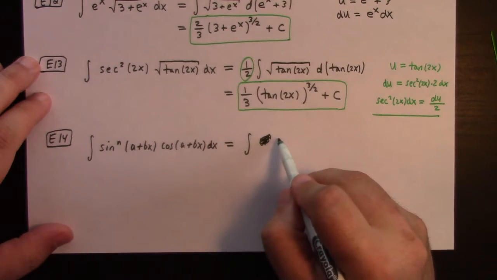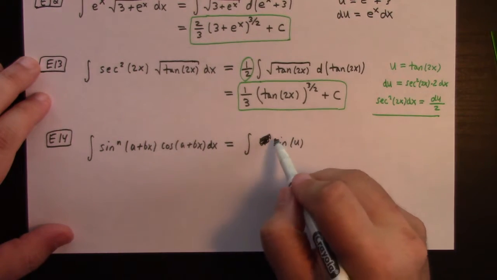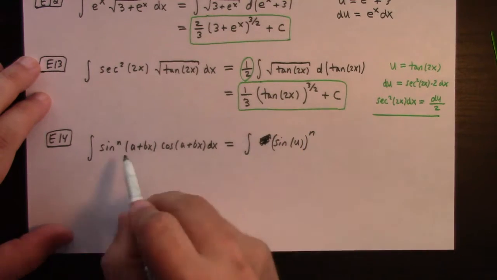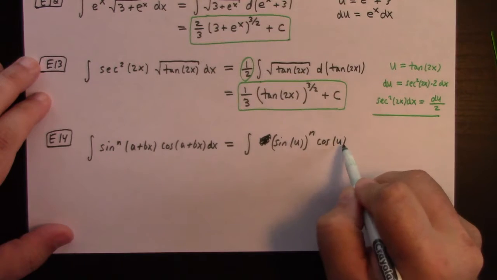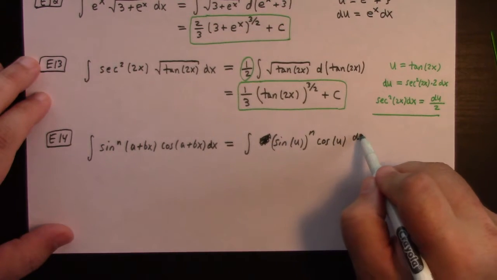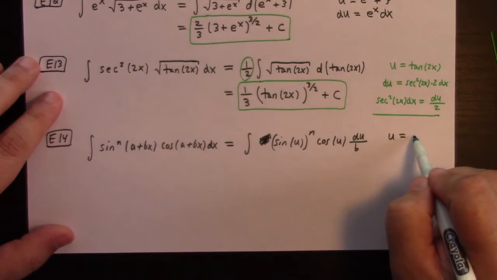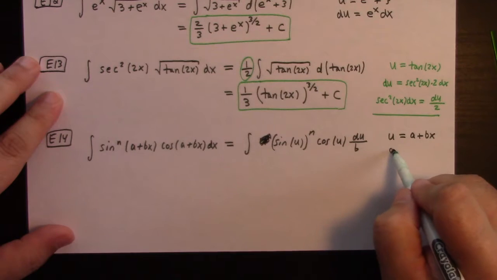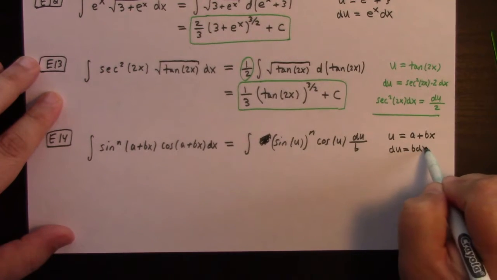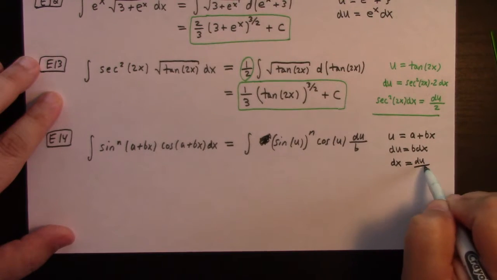So sine of u to the n power, that's what this means, times the cosine of u times du over b. What I'm doing is letting u equal a plus bx. That means that du is b dx, which means that dx is du over b, hence the division by b.